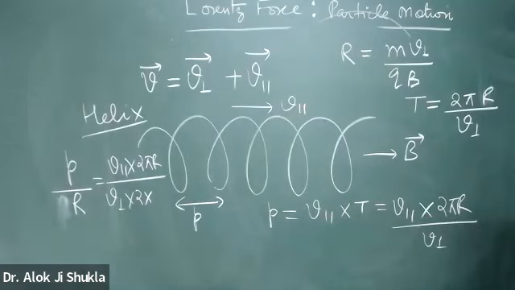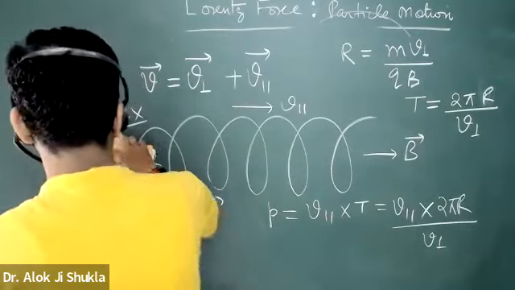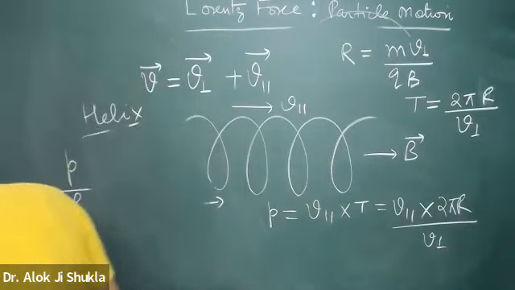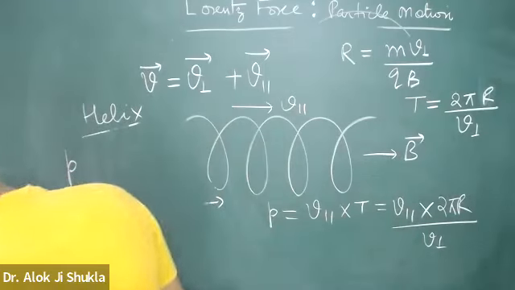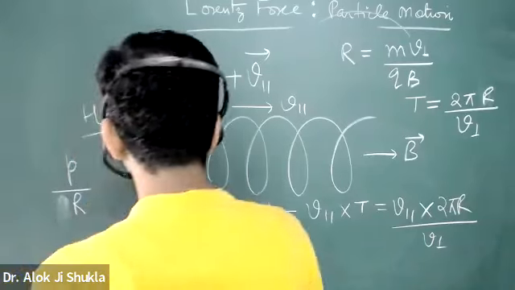Sir, the condition is also given, so we will apply that. Let me write the formula first. The initial velocity is such that the component along the magnetic field is twice, we will apply that, don't worry.